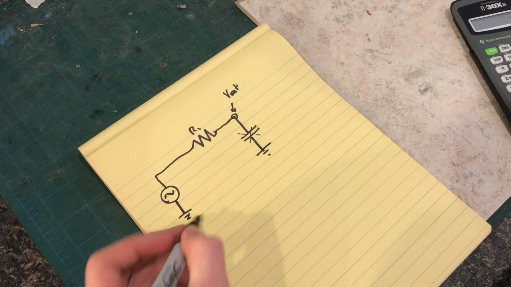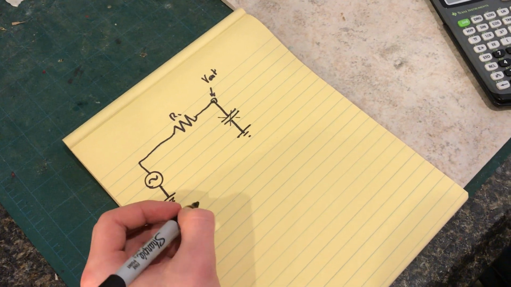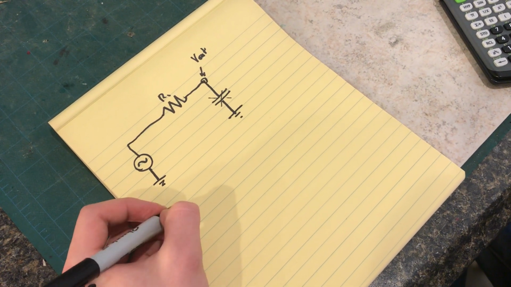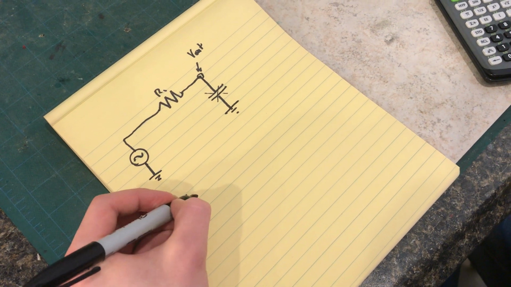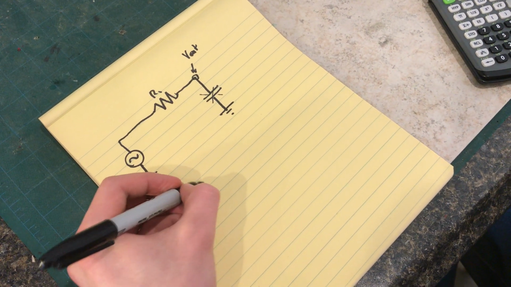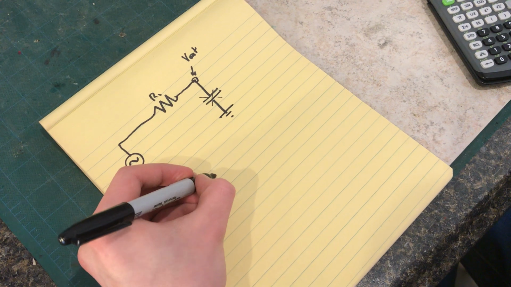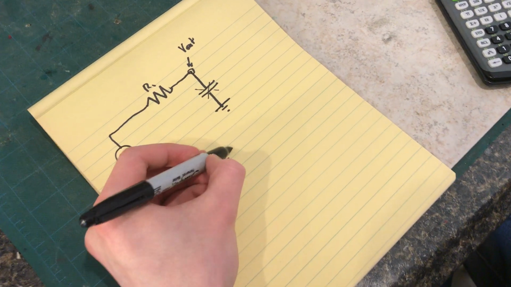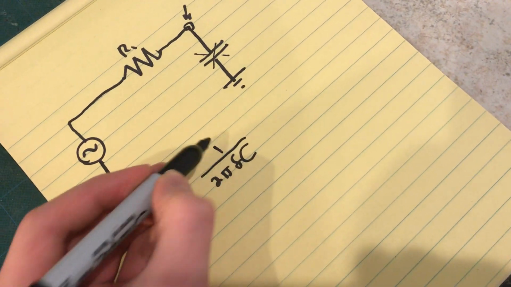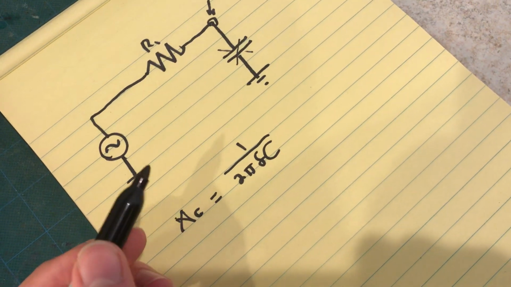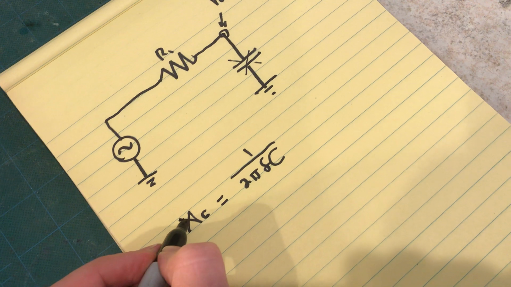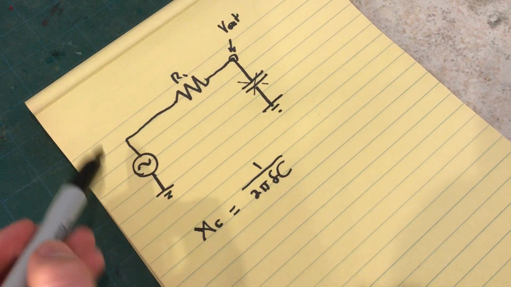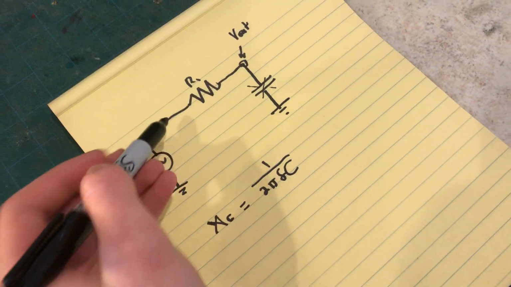And we can characterize this with some math. The first thing to keep in mind is the capacitive reactance. X of C is equal to 2 pi times the input frequency times the capacitance, and then invert it. That is the impedance at a given frequency. And we see we actually have a voltage divider created here.